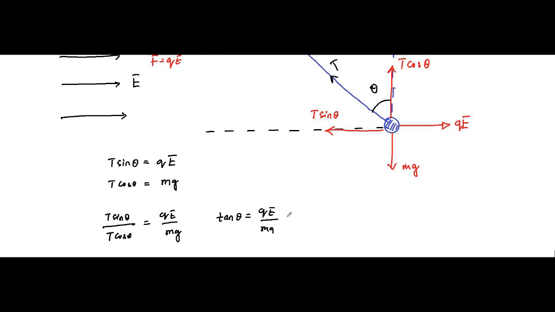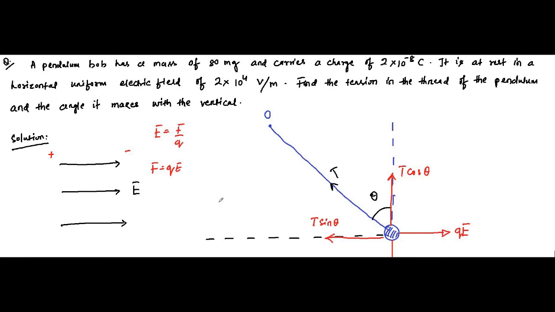So now all we have to do is put in the values. Here Q is equal to 2 into 10 to the power minus 8 coulomb.